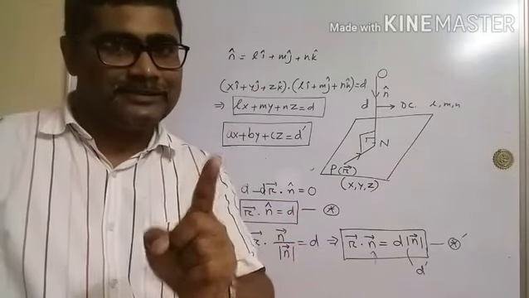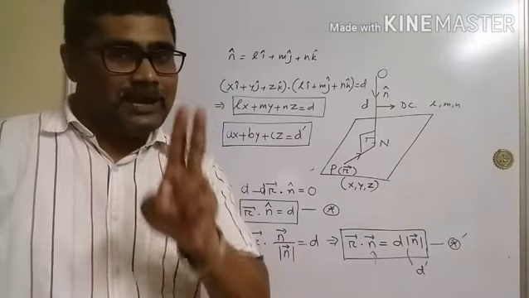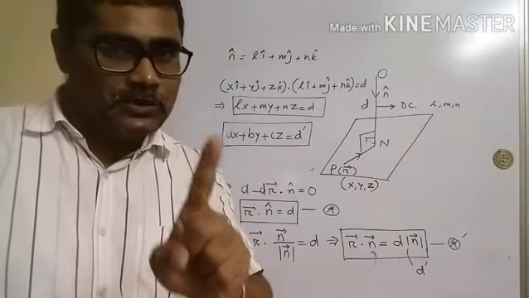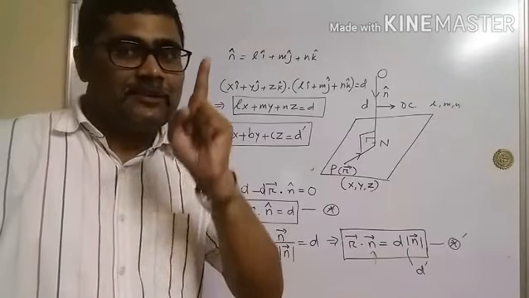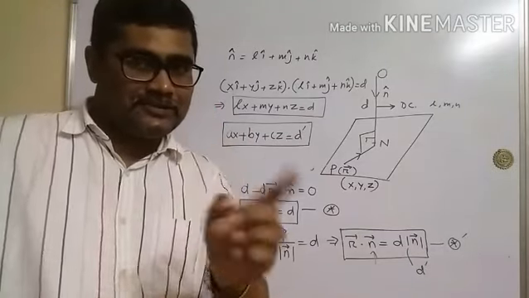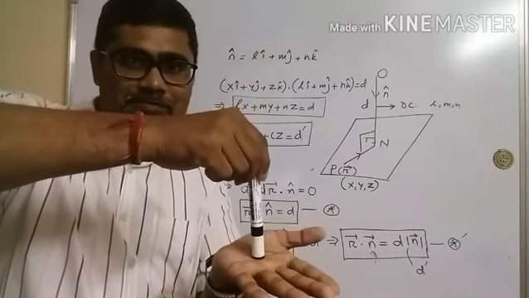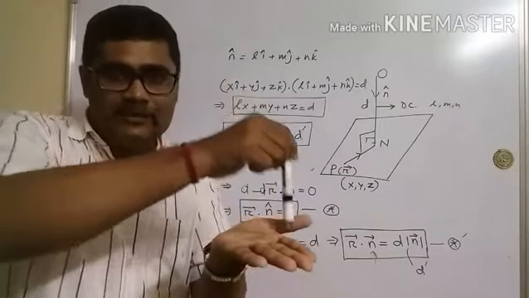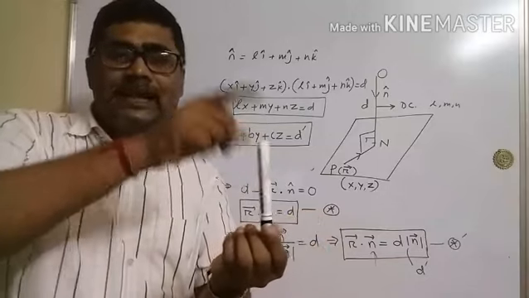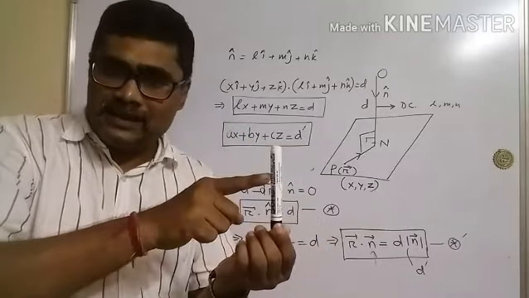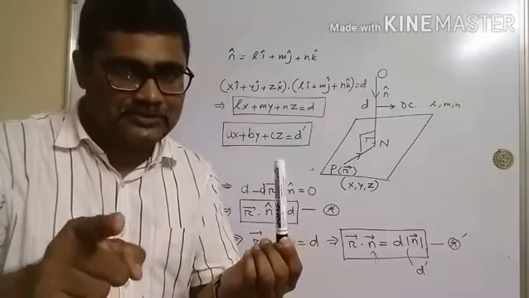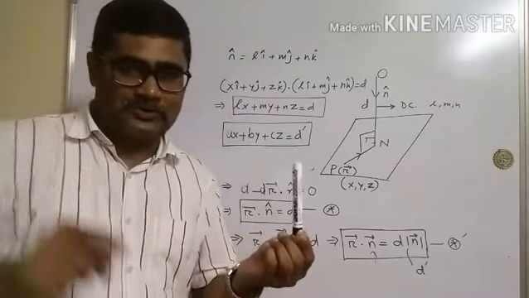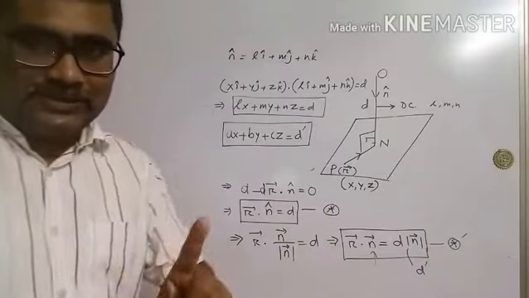Second point, a plane does not have its own direction cosines or direction ratios. It has only the direction ratios or direction cosines of its perpendicular, because if you draw any perpendiculars anywhere, every time it has the same direction cosines or proportional direction ratios which will be uniform throughout. That's the point. So this is the first form.